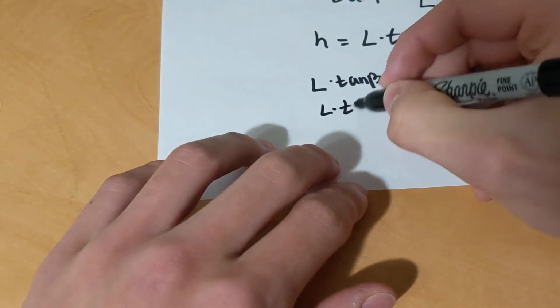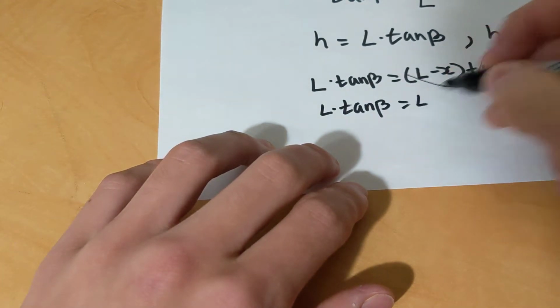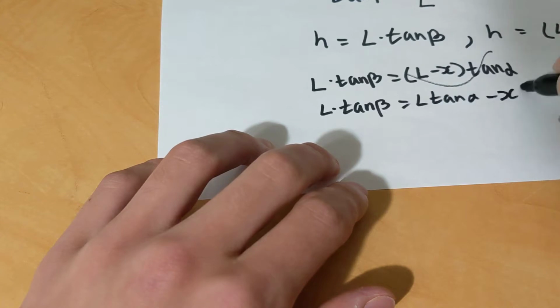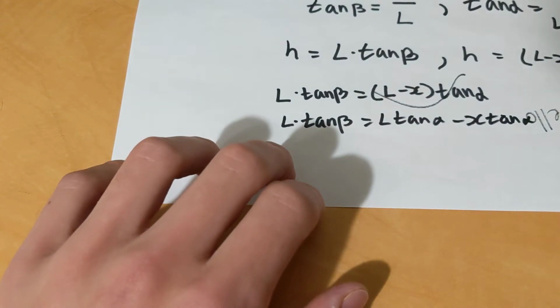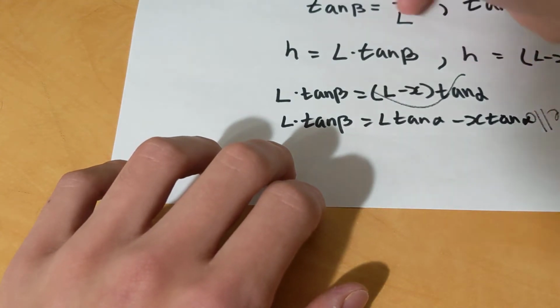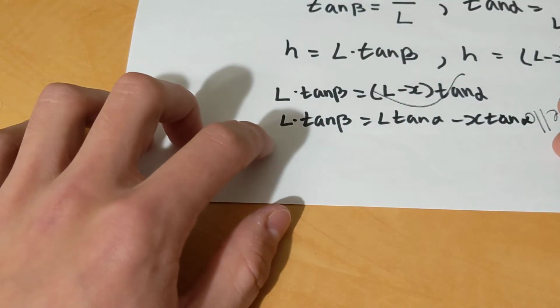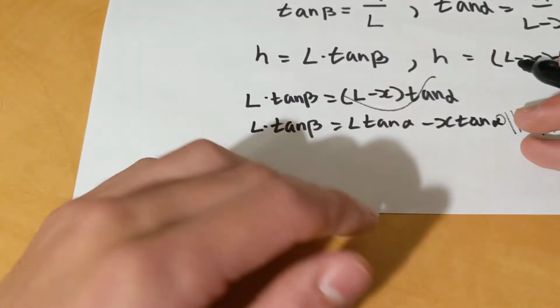Let's take it slow. Multiply this tan in, L tan alpha minus X tan alpha. So we know what X is in this. Let's try solving for L, because we have no clue what it is.